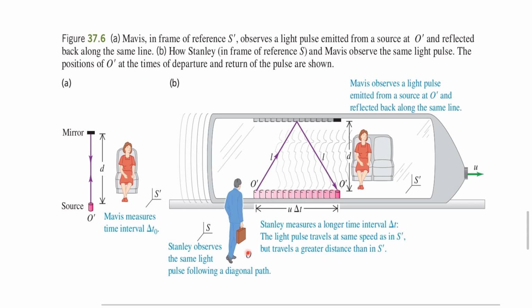He concludes that the time it takes the light to travel, delta t, is longer than what Mavis has observed. We say that delta t is greater than delta t naught.